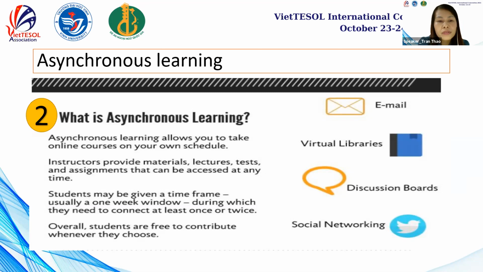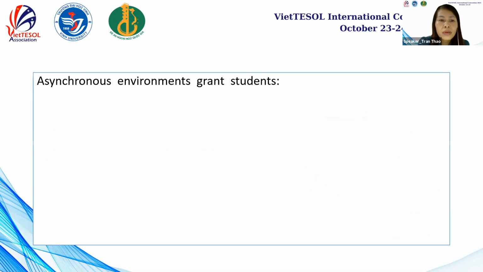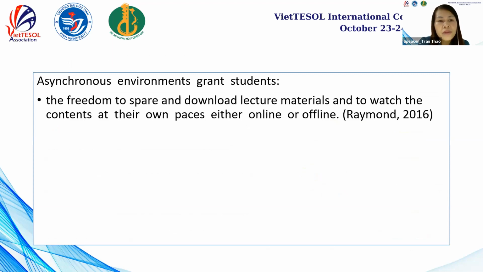Overall, students are free to contribute whenever they choose. The asynchronous environment grants students the freedom to download lecture materials and to watch the content at their own pace, either online or offline. That is from Raymond in 2016.